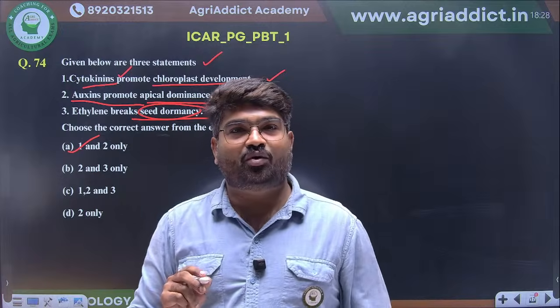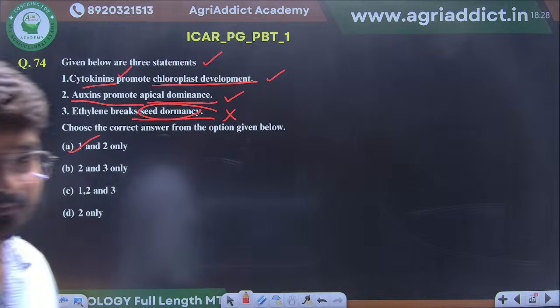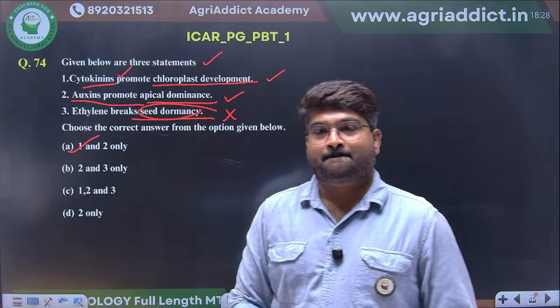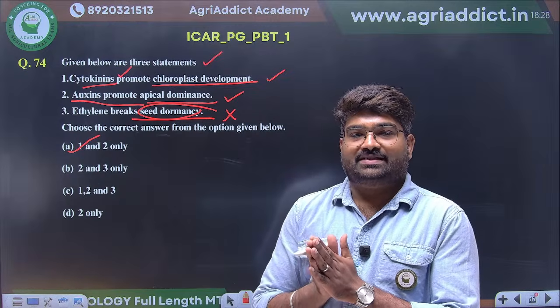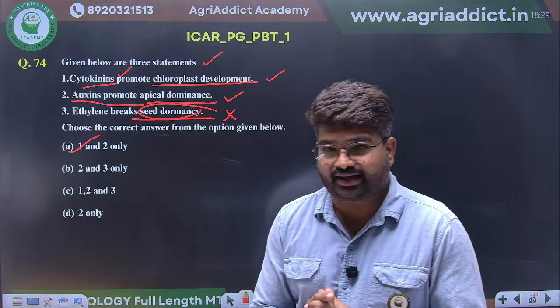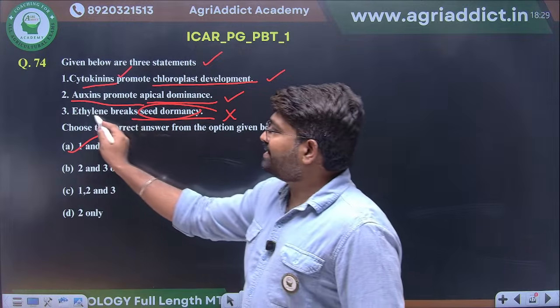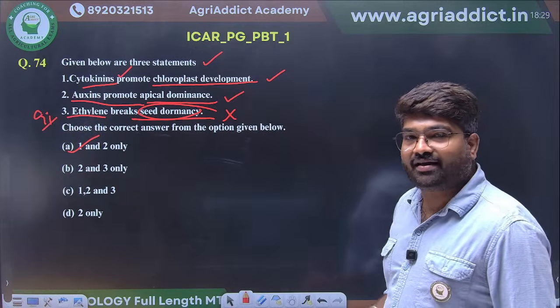Students, comment which hormone breaks dormancy. Option A, auxin. Yes, gibberellin can come. Correct answer. So here, gibberellin should come. So option 1 and 2 is the right answer.